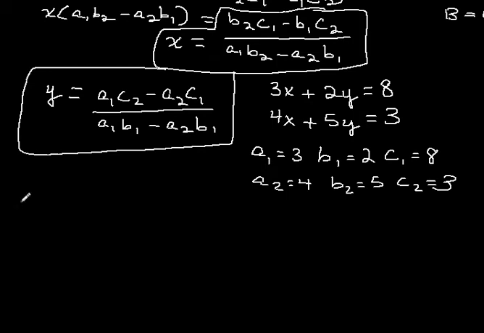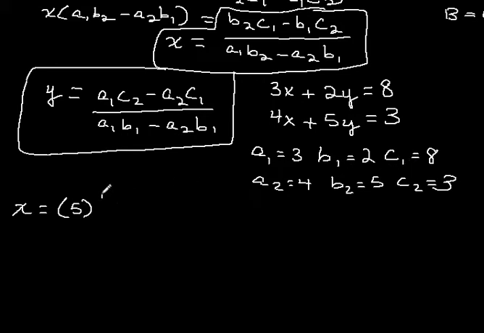So let's just do that real quick. We get x equals, we're going to do the x one, 5 times 8, because B sub 2 is 5, c sub 1 is 8.